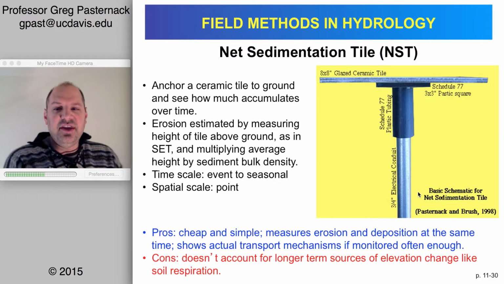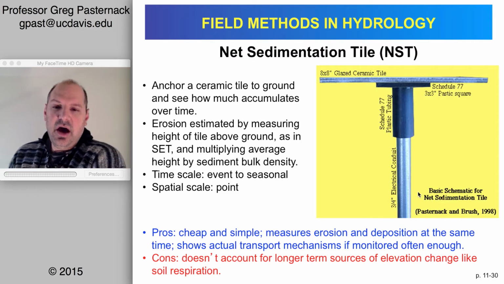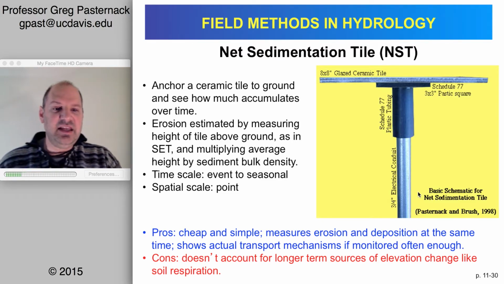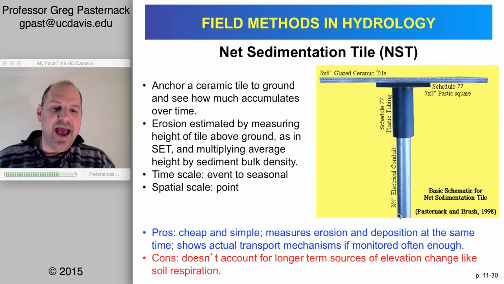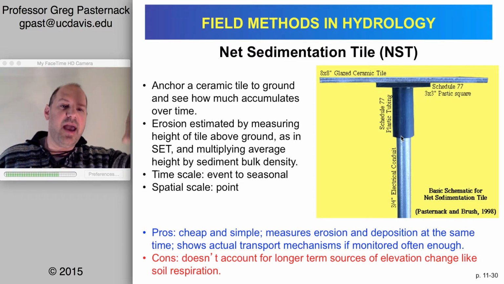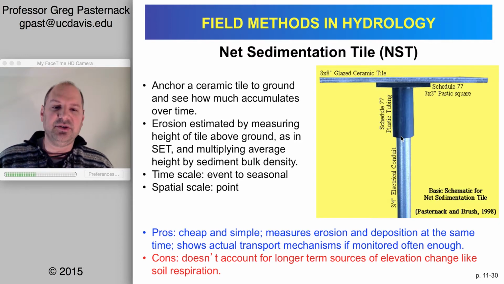The next thing is called the net sedimentation tile. This is a little bit like the SET in that you have a vertical rod that you pound into the ground, and that creates a baseline from which you then are measuring. But instead of having the arm that you take away and bring back, and then having to independently get a sample somehow, the net sedimentation tile caps the stake with an 8-inch by 8-inch, or whatever size you want, ceramic tile.